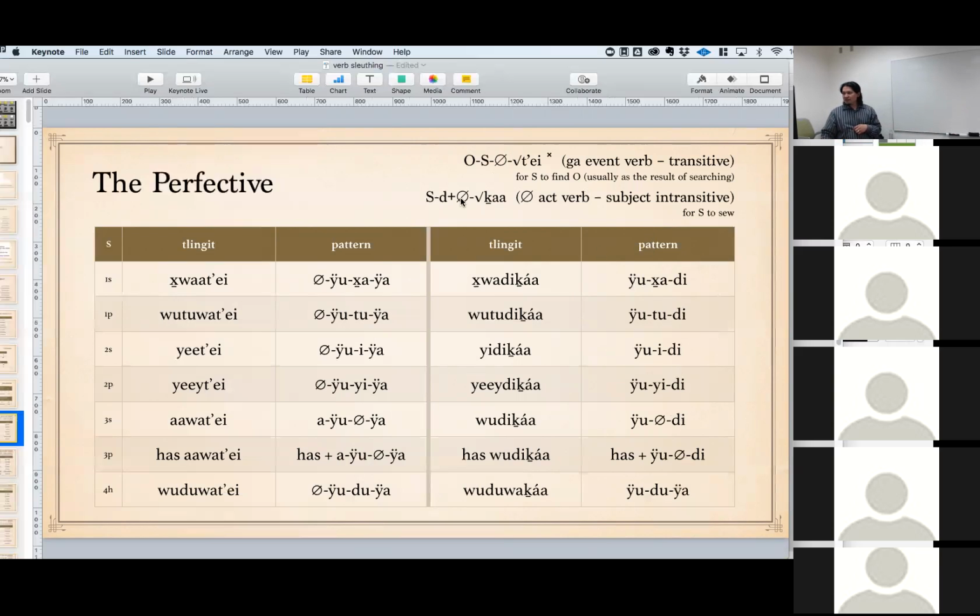So we see here, there's a subject, there's no object, so we're going to get w as opposed to awa. It's d plus 0, so that means it's going to be di all the way down, except for the fourth person. And then ka, which is a 0 verb, that means it's going to be long and high every single time.